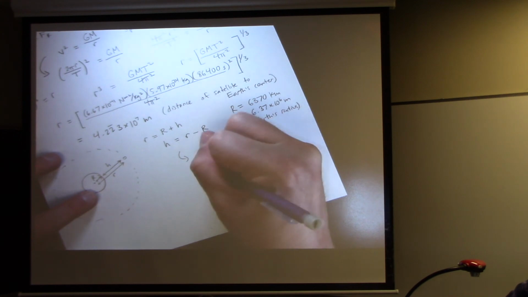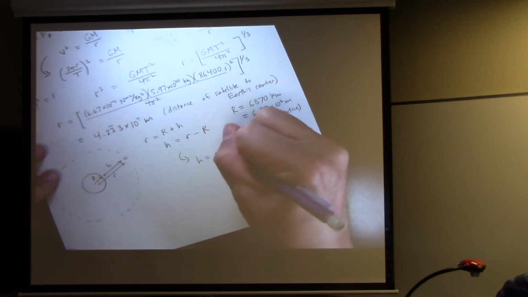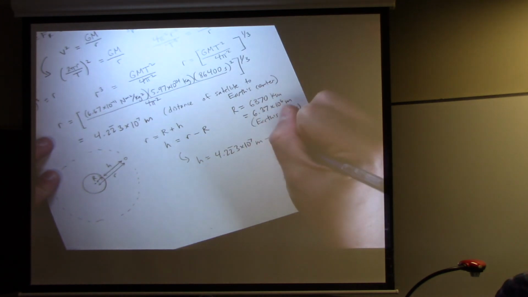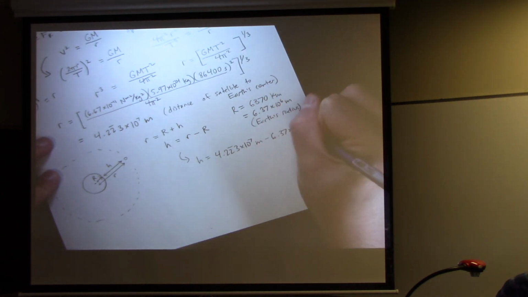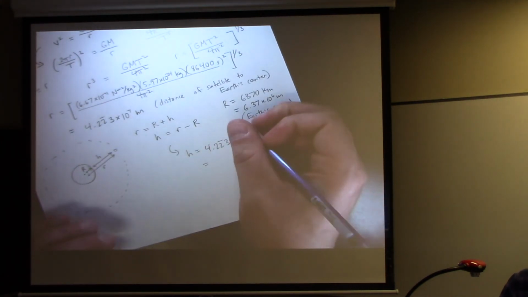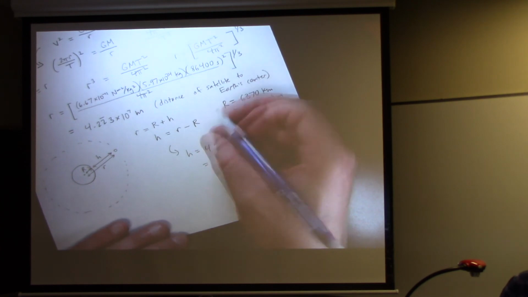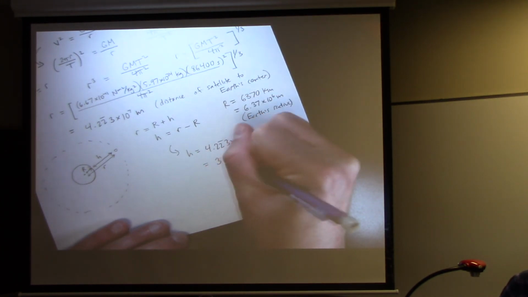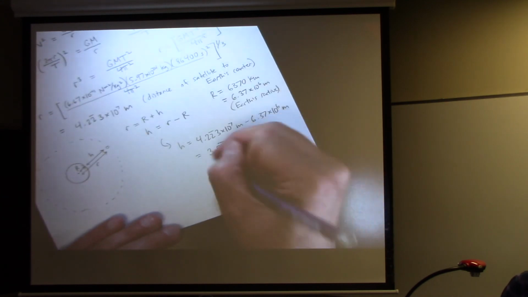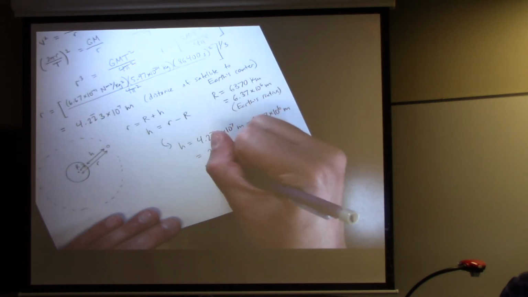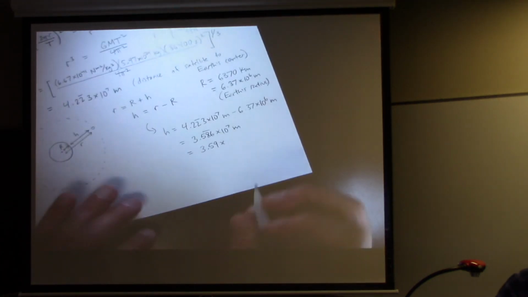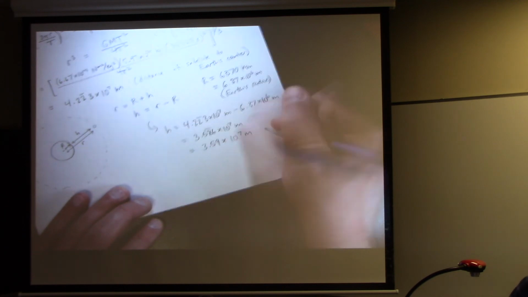So h is going to equal 4.223 times 10 to the 7 meters minus 6.37 times 10 to the 6 meters. So crunch those numbers, and what you come up with is 3.586 times 10 to the 7 meters, and we can round that to a nice 3.59, because we're going to have 3 sig figs at the end of this, times 10 to the 7 meters.